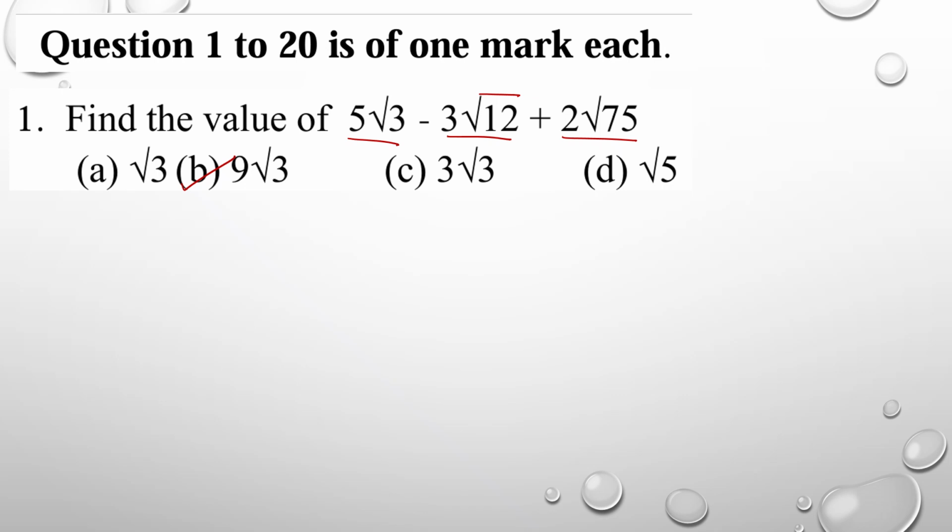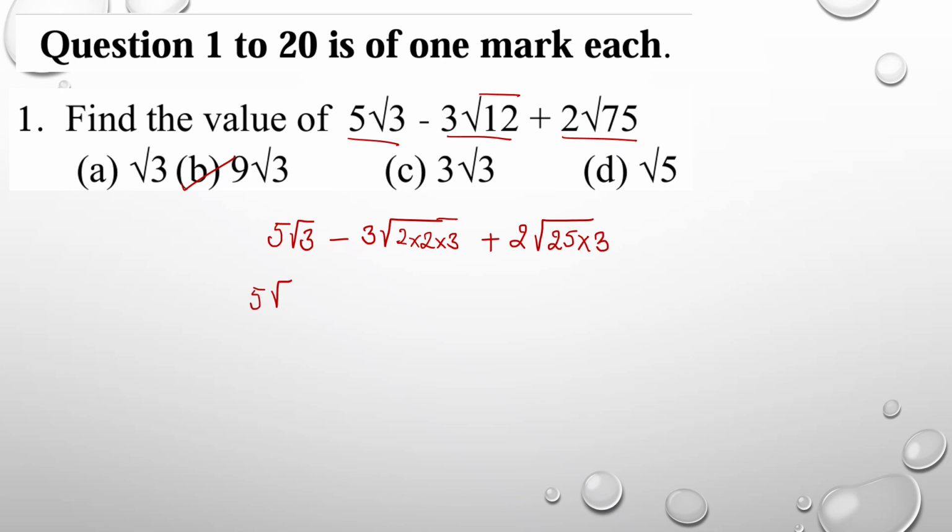Now let's solve. 5 root 3 minus 3, we can write 12 as 2 into 2 into 3, 4 root 3. Similarly, root 75 को भी ऐसे split करें, 25 into 3.